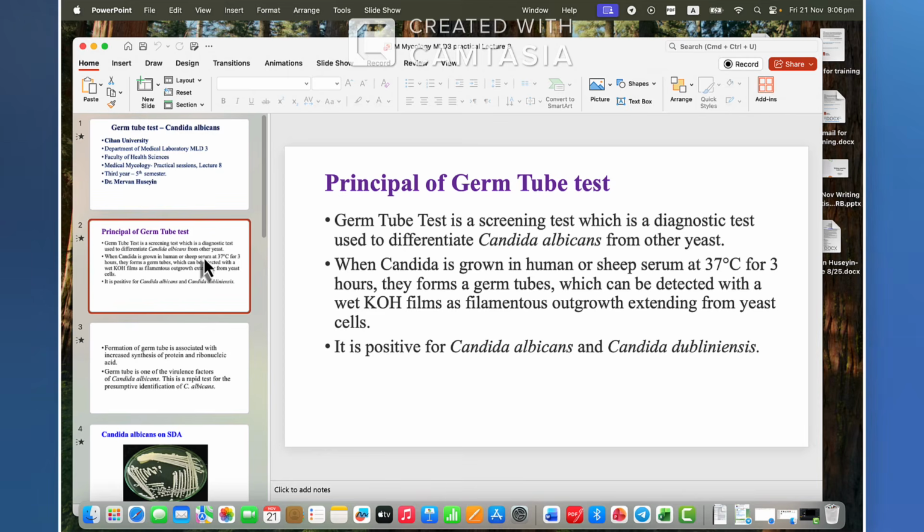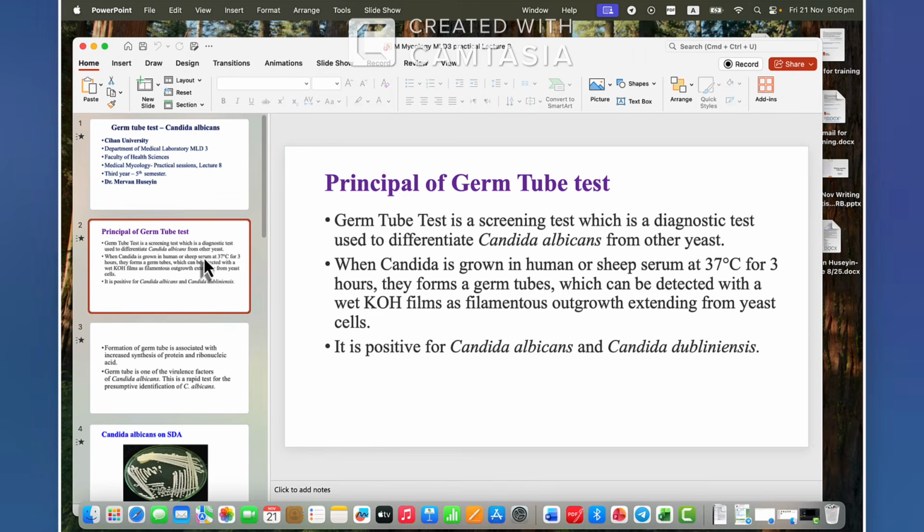So the principle is when we inoculate Candida albicans in the serum at 37 centigrade in the incubation for 1 to 2 hours, and after that we do detection under the microscope. You will find the filamentous germ tube.